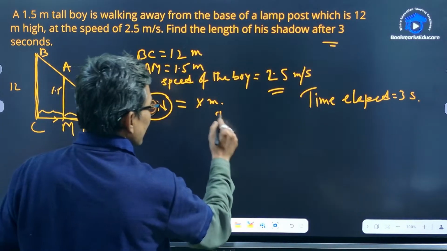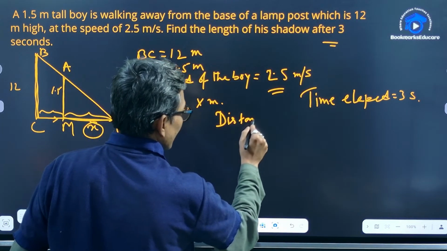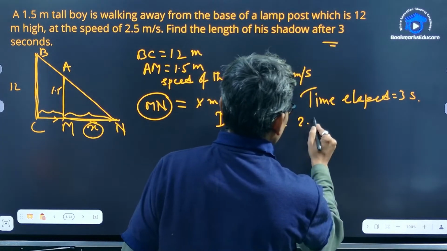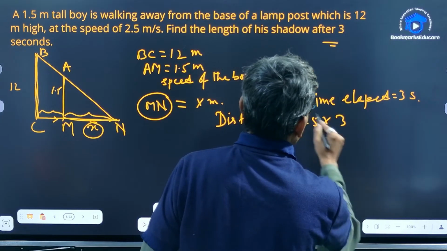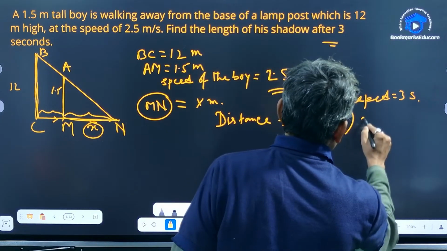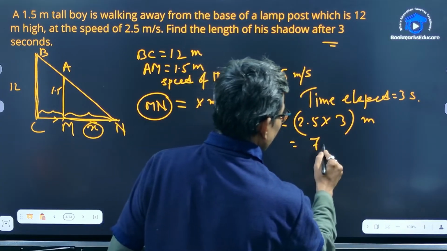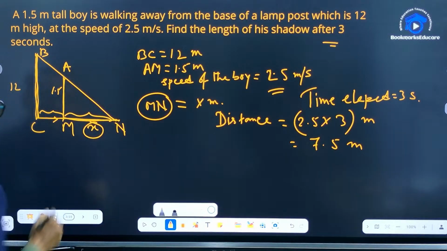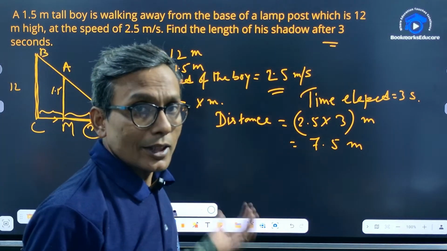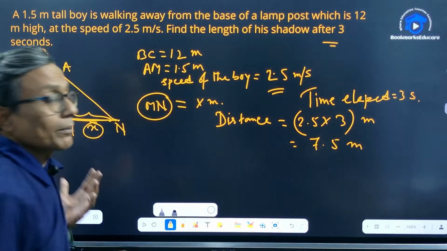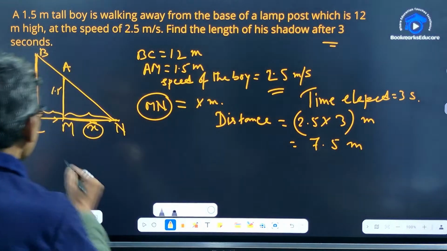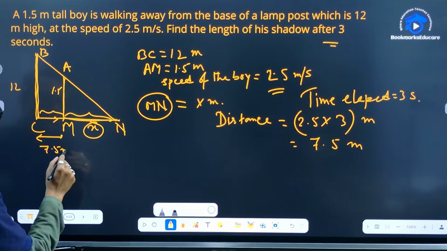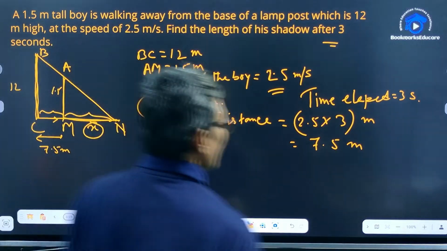Distance is equal to speed into time, so the distance from C to M covered by the boy is 7.5 meter.